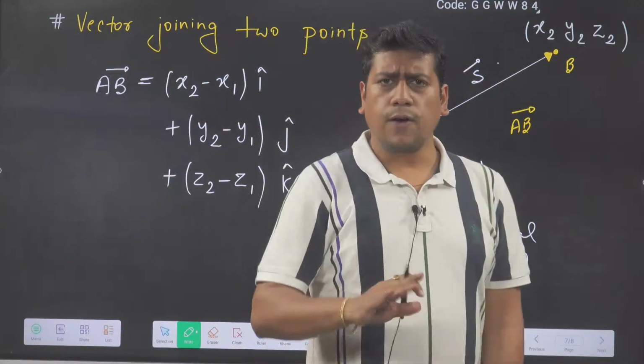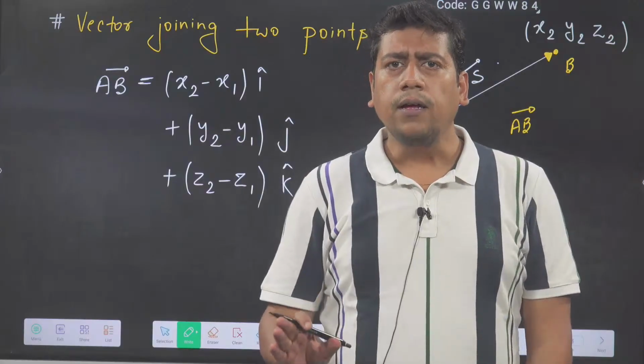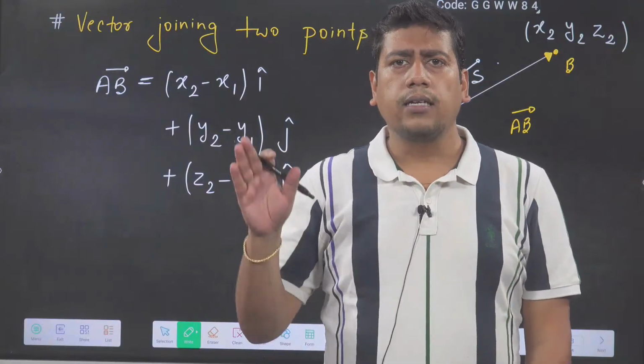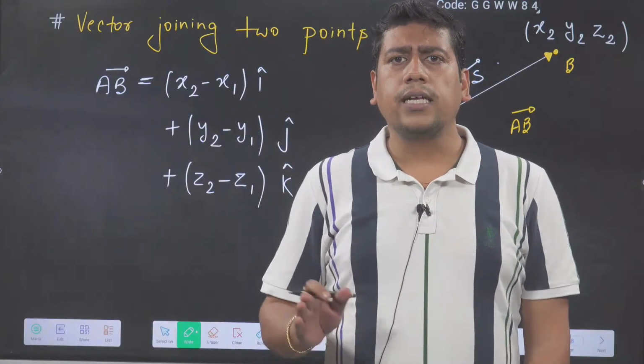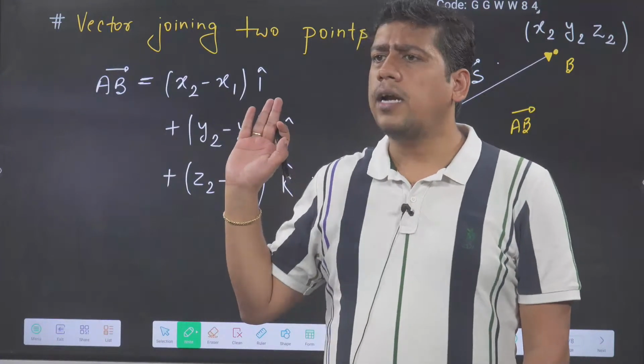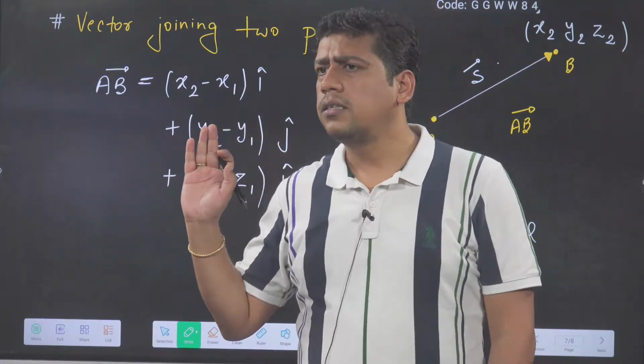Simple. Final minus initial x coordinate i cap, final minus initial y coordinate j cap, final minus initial z coordinate k cap. That's how you write the vector joining any 2 points.